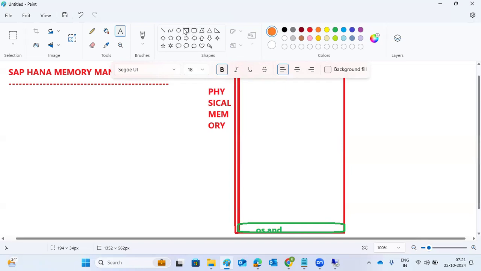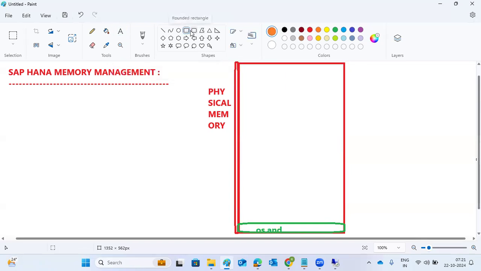Then after that, you install the HANA database. When you install the HANA database, it will not occupy all of the memory immediately. You allocate some amount of memory out of your entire 1 TB. It will not occupy the entire 1 TB.